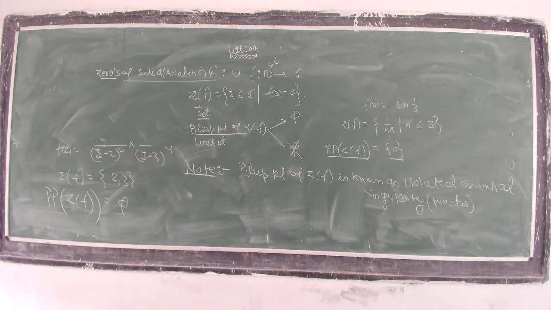So you have to calculate the zeros and then find the limit point. If the limit point is there, that is called an essential singularity. Right?